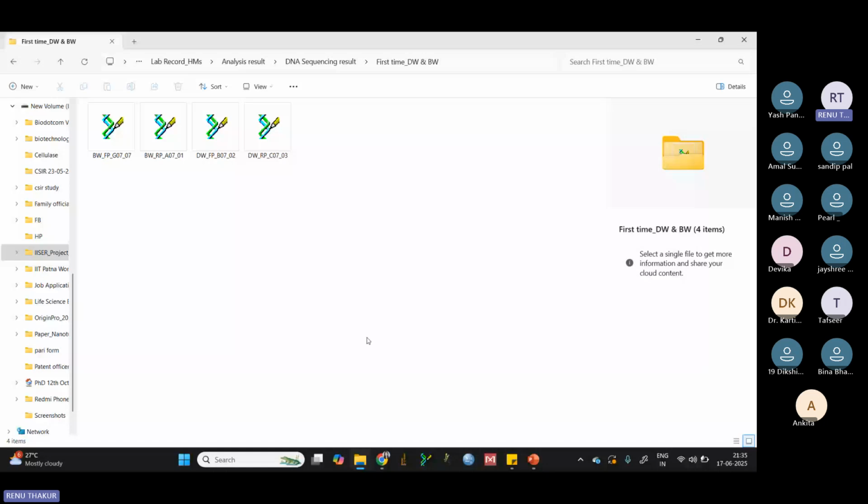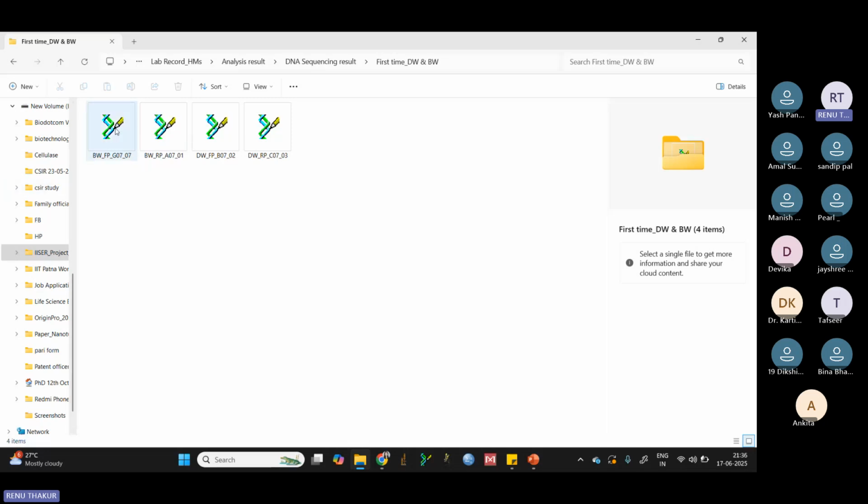So for one organism, you will be provided two files. You can see here FP. FP is forward primer and RP is reverse primer. Whenever you go for this sequencing, your sequencing facility will provide you two files for each organism. I had two organisms, so four files were there. So this is the forward primer.